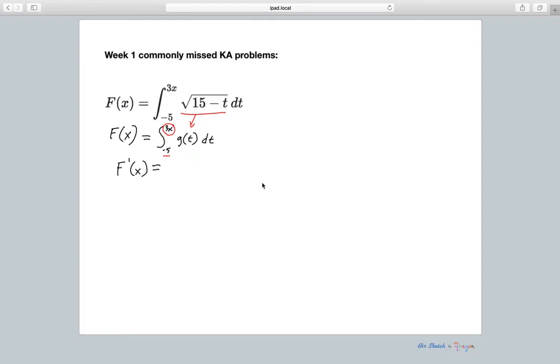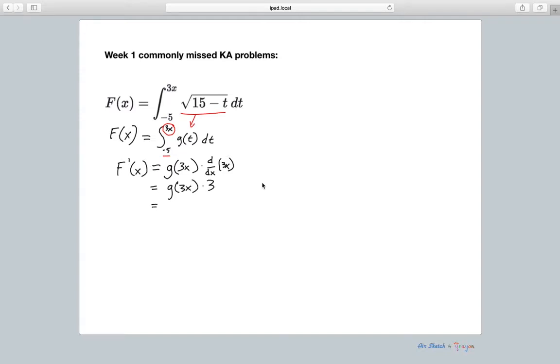I'm going to do the derivative of the outside function first, the outside function being the integral, which is going to leave me with g, but instead of x, it's going to be g of 3x. And then times the derivative of the inside function, the inside function being 3x, so d/dx of 3x. All right, so then I have g of 3x times 3.